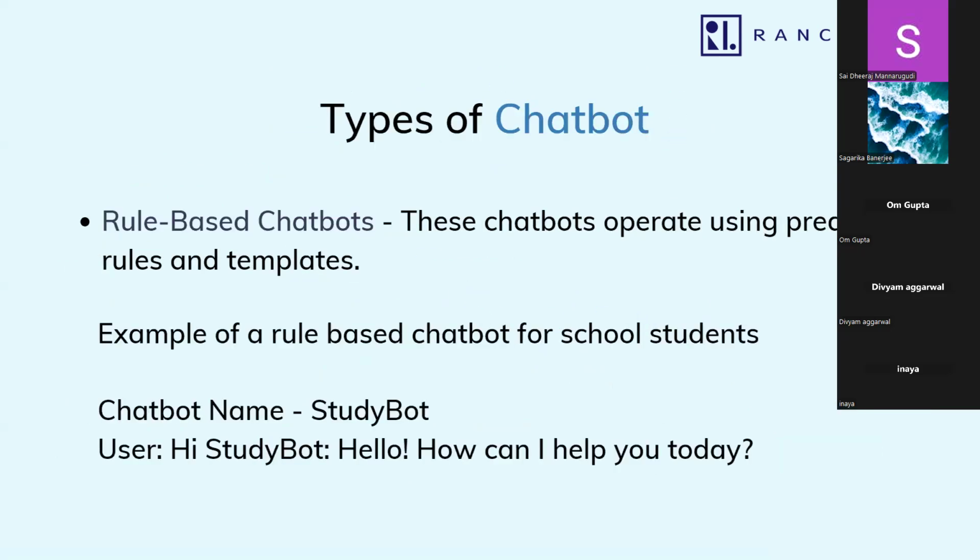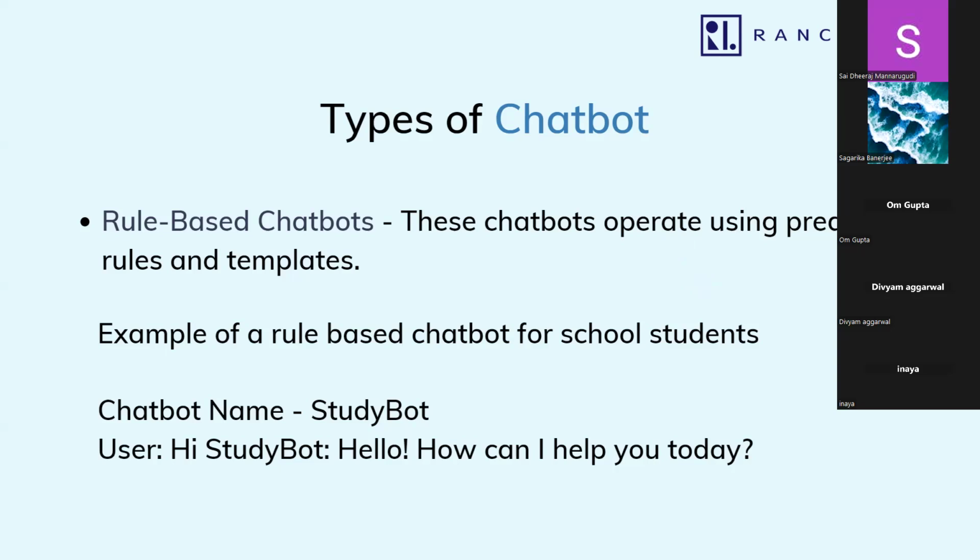One is the rule-based chatbot and the other is the AI-powered chatbot. A rule-based chatbot is trained with only some set of data. For example, you train a chatbot with only 10 types of questions. It doesn't give you a chance to type a message or a query of your own.